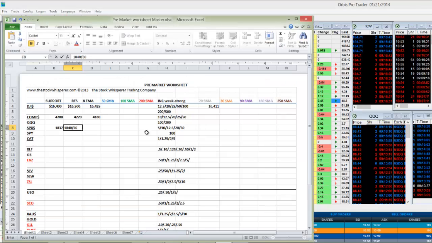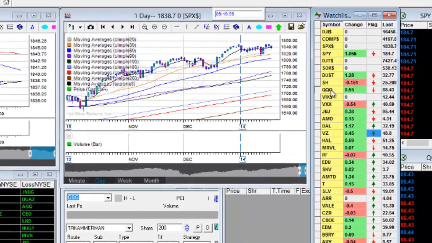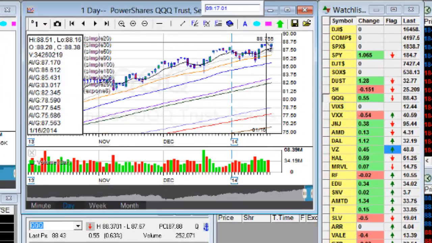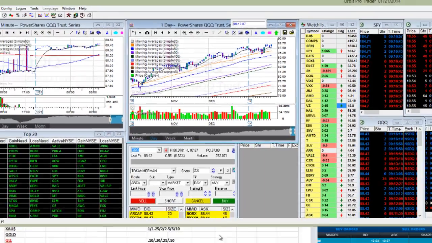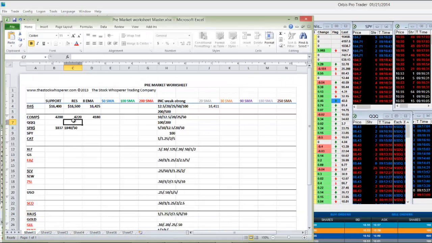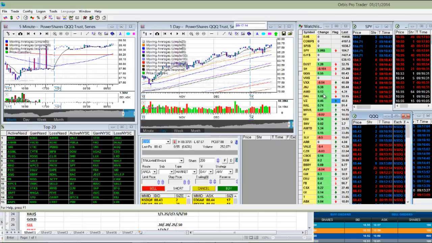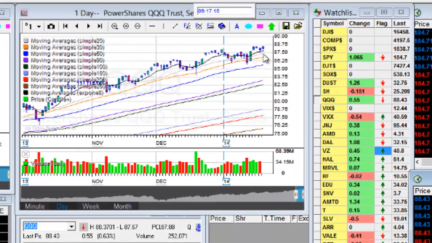You're watching that level. Now you can also fill out the Qs if you like to trade that, and the levels. So 88.75 clearly is resistance. And support is, these are the major levels, by the way, 87.50.